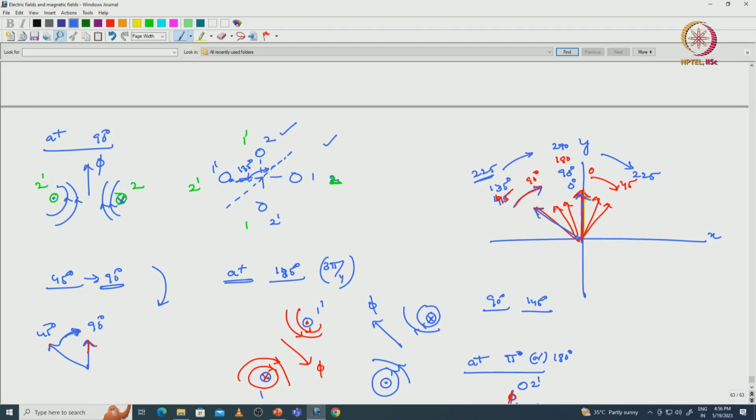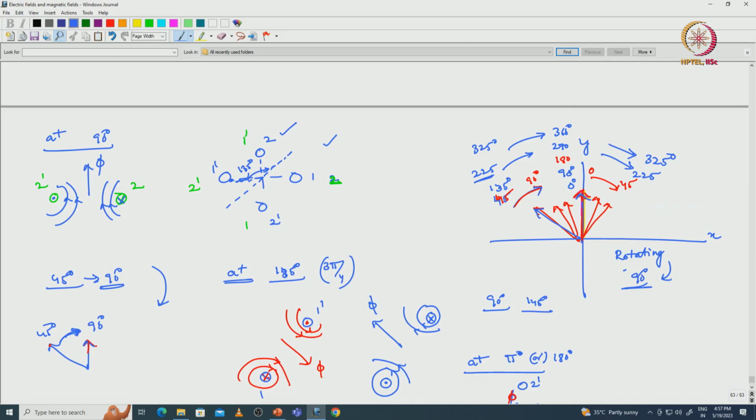From 270 to 325 degrees, it will rotate in the clockwise direction along with the rotor. And now from 325 degrees to 360 degrees or 0 degrees, it is rotated in this manner. So the flux vector is rotating in the span of 90 degrees. Okay.